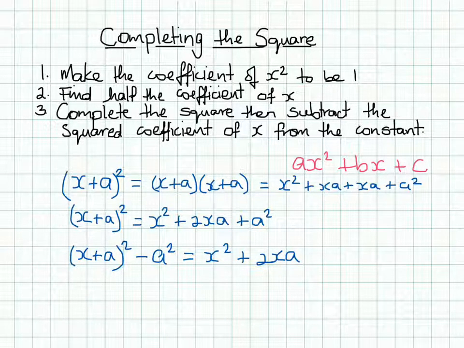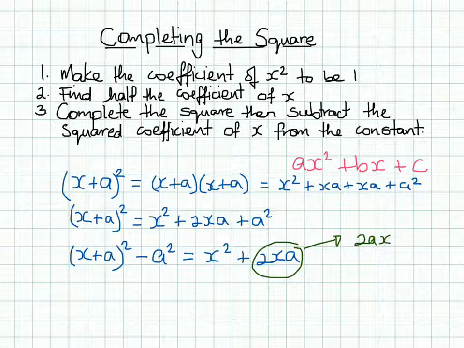Now let's see what patterns we can see straight away. We can see that in this bracket I've just got a. Well, if you think about it, the coefficient of x, I will just literally write this on the side over here in a different color. This here, the coefficient of x, is really 2a times x, which means that 2a is my coefficient.